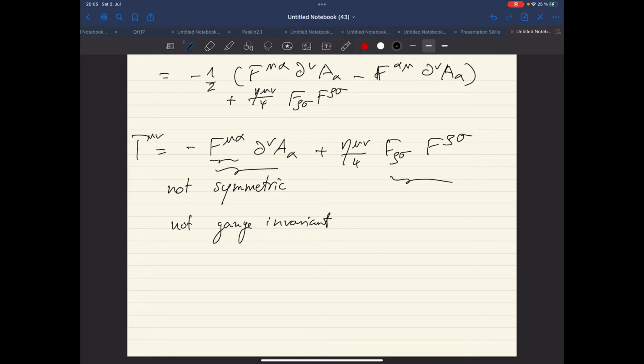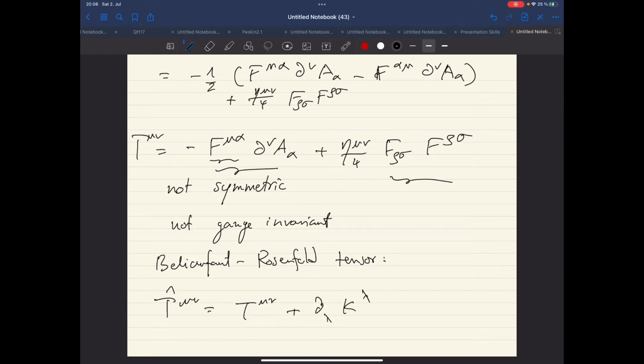Great, so what can we do? So one way to symmetrize T mu nu, we add an extra term, a derivative of an extra term, and the new tensor that one gets after symmetrizing is called the Belinfante-Rosenfeld tensor, which is a symmetrized version of the energy stress tensor, and this will be, if I call it T hat mu nu, actually the same as T mu nu plus adding a derivative d lambda of a function of K lambda mu nu, which is already given in the problem itself.